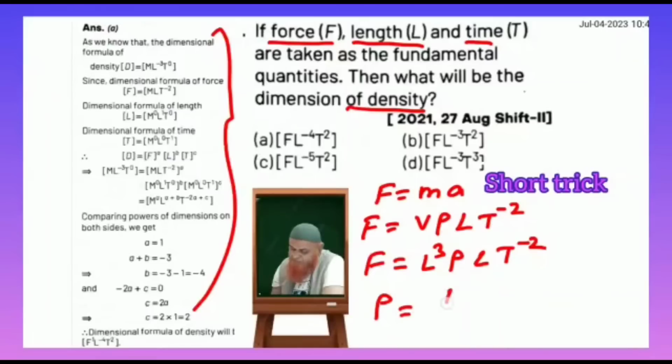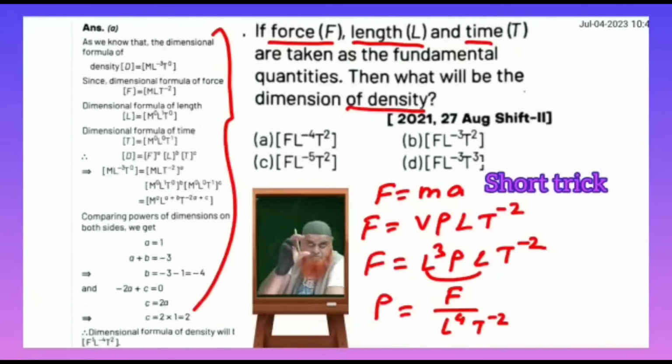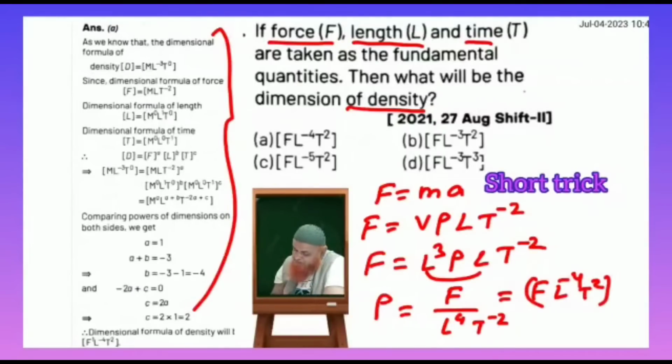So density if you take at one place, you can write force. This length L cube goes downwards here, L power 4, okay, and t power minus 2. That's it. So density you take at one place, remaining you transfer below force. So finally we're getting density is equal to F L power minus 4 t square. See how amazing this trick is.